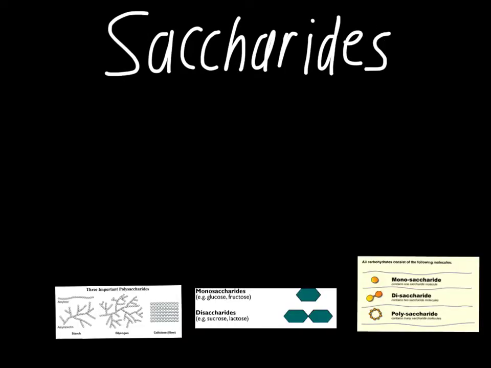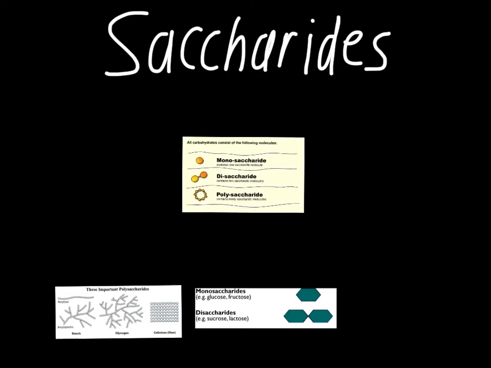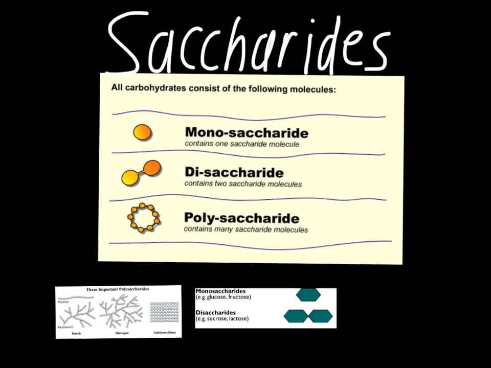What we're talking about here is just breaking down the different saccharide groups, and these are the things that compose carbohydrates. There's three major groups of these. We have mono, di, and polysaccharides. What a monosaccharide tells you is that there's only one saccharide molecule. The prefix mono tells us one, so there's only one single saccharide here.